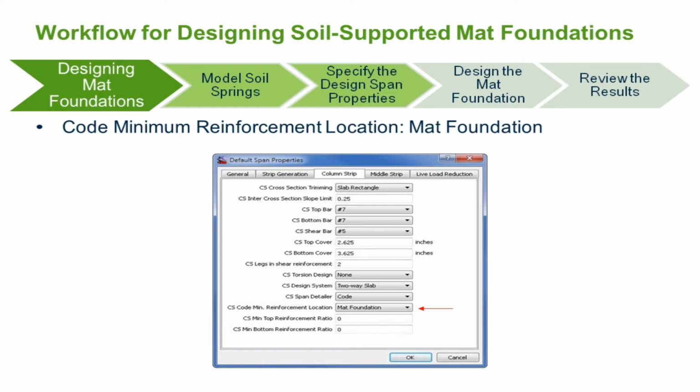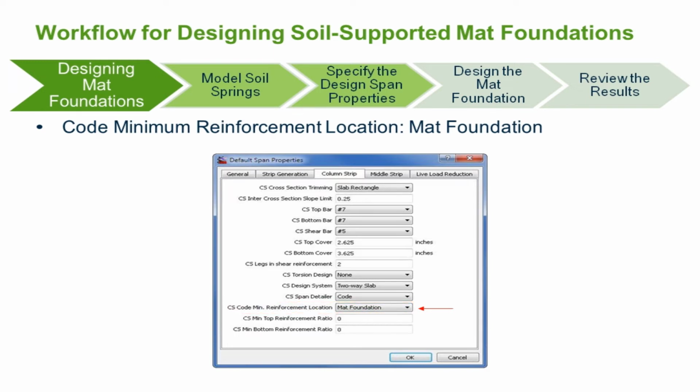The second step for designing our mat foundations in RAM Concept is to specify the appropriate span design properties for a mat foundation. The design span properties for mat foundations are similar to those for a standard reinforced concrete slab, except for the code minimum reinforcement location, which is found in the column strip tab. Here you should set this option to mat foundation.